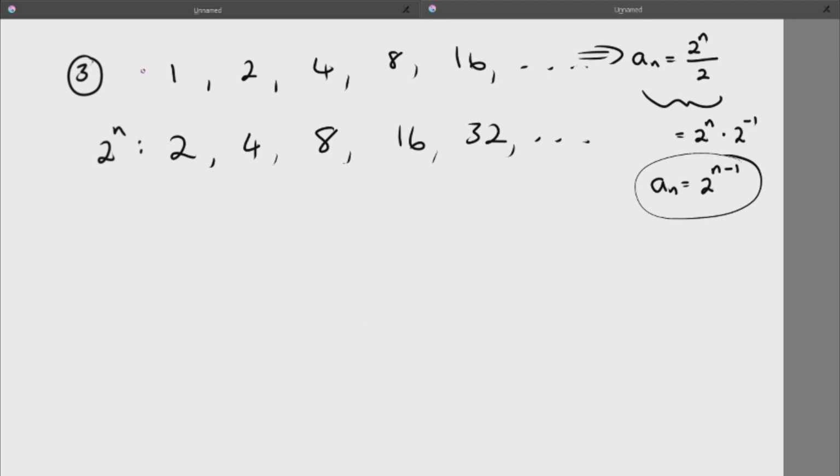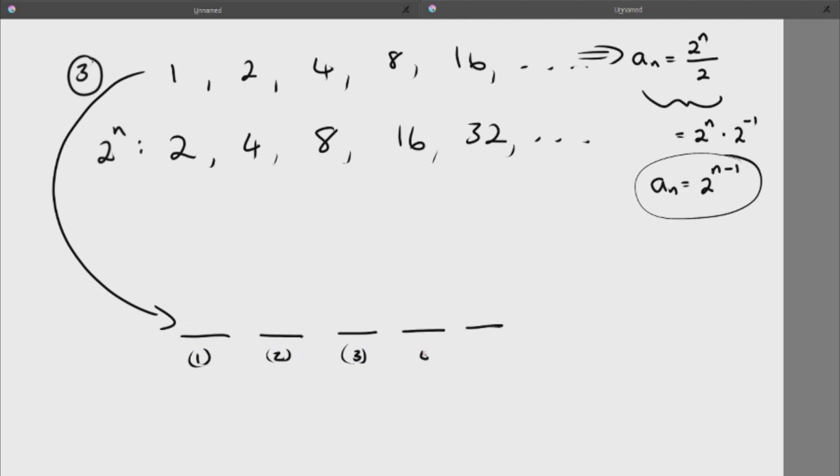If I want to make this original sequence, 1, 2, 3, 4, 5, it's an explicit formula, so I just need the position. I'm ready to use the formula, the circled one, and find the term in that position. Well, n is 1. That's the position I'm in.